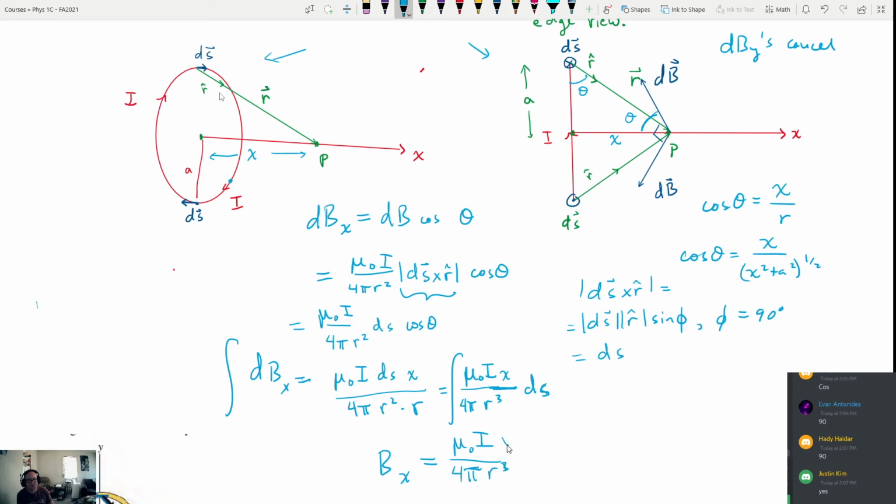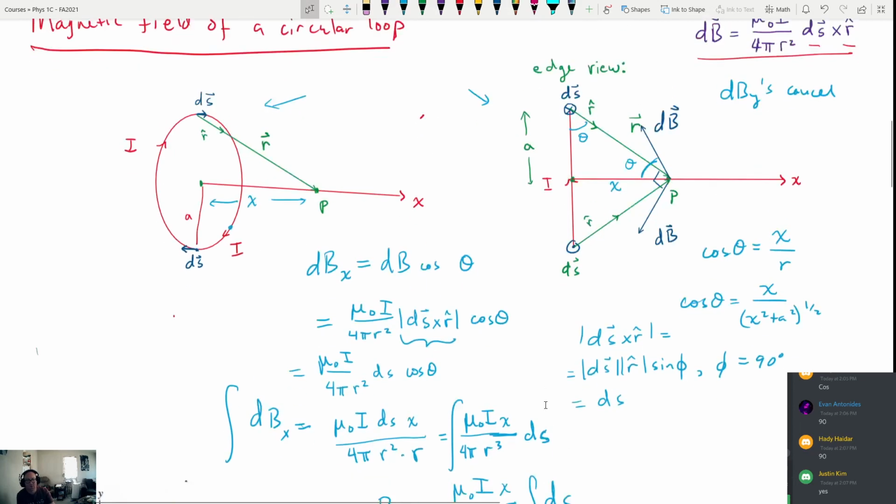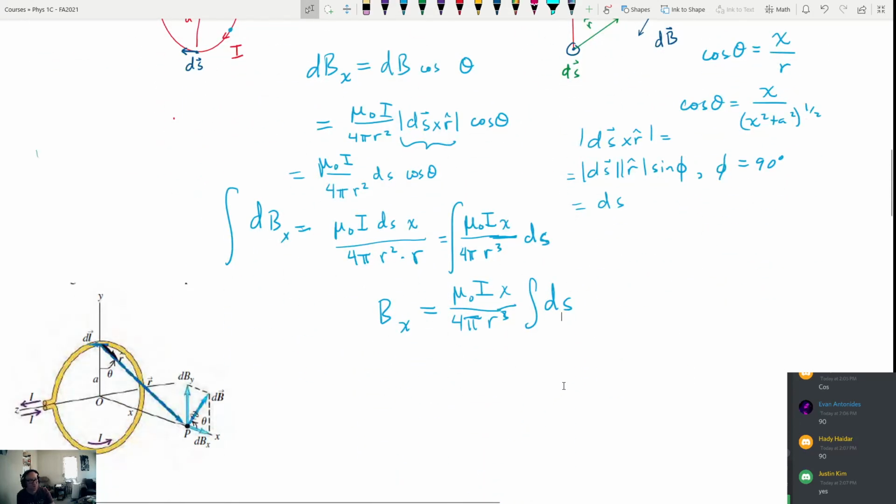And the x is also just a constant distance away from the wire. So we're really just left with the integral of ds. But the integral of ds just means to sum up all the ds's on the line. So what's the integral of ds going to be equal to?